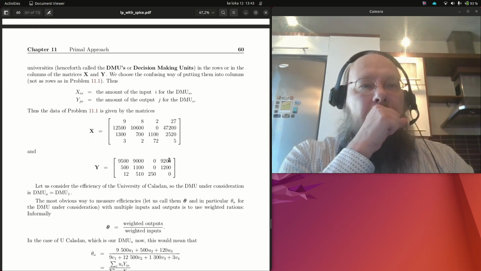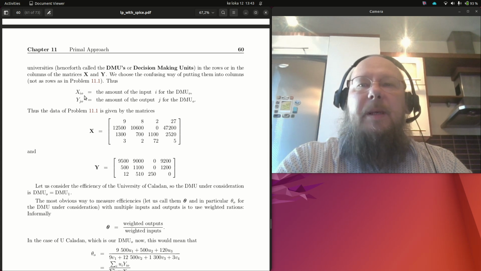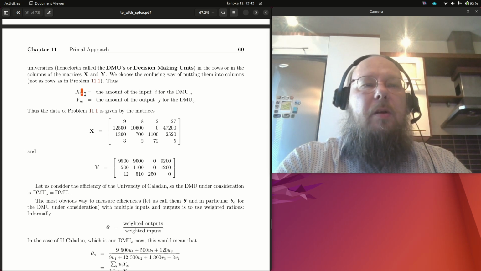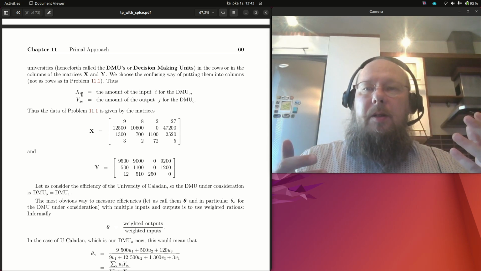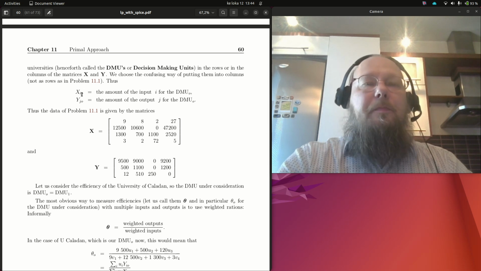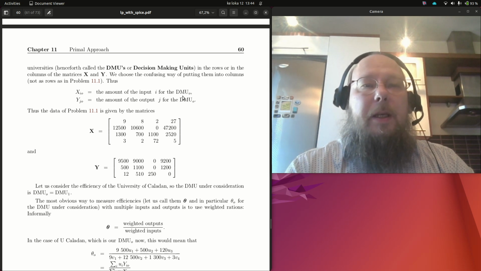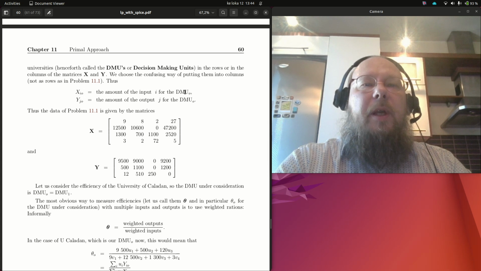X_io: again in this business, the subindex o is usually used when we take one DMU under consideration. I don't actually know why it's called o, but it is just an index. So x_io will be the amount of input i for the DMU o, and y_jo will be the amount of output j for the DMU o.